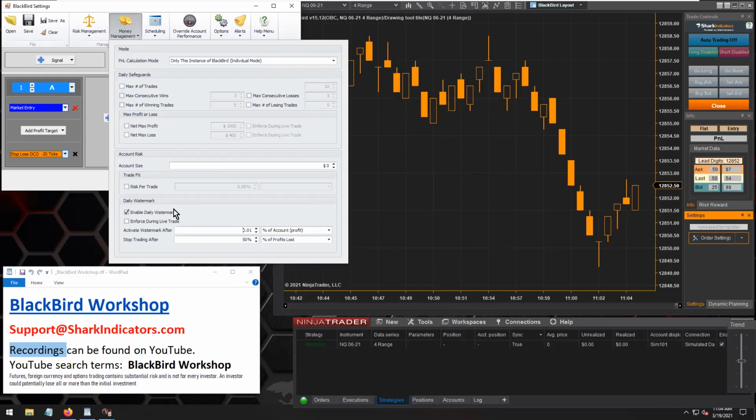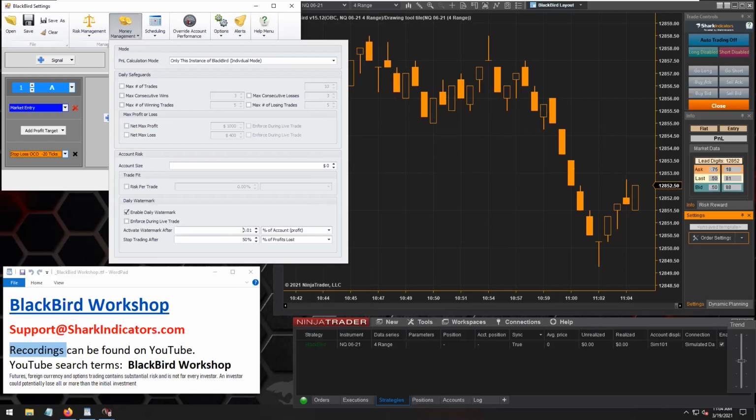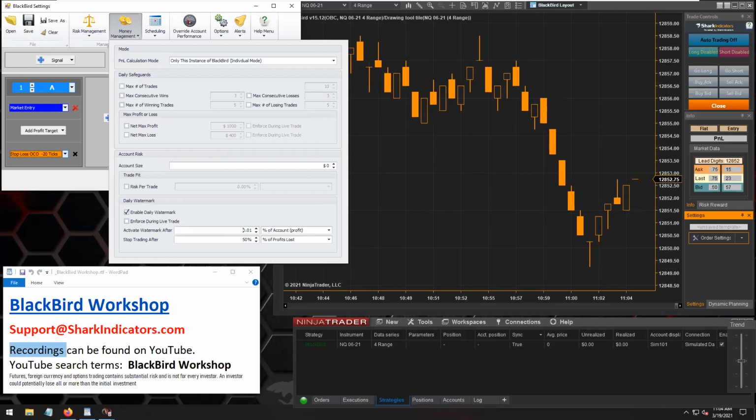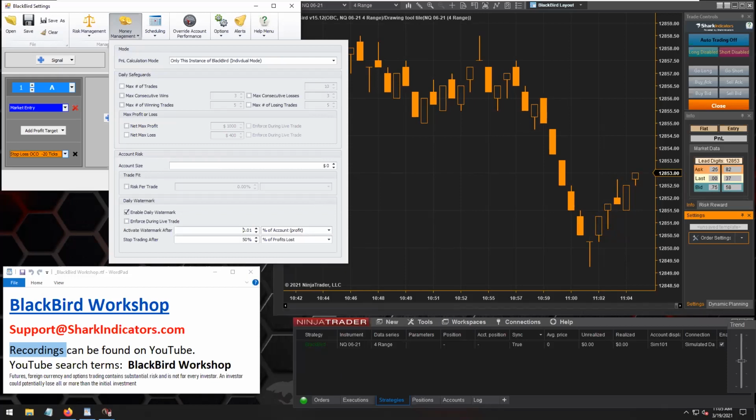So this will turn the trading off if your last trade gave up too much money. The easiest way to think of this is if your last trade, or maybe your last couple of trades, were losers and lost too much money, and too much money is what you're setting up here.